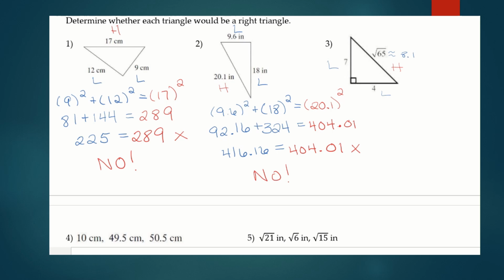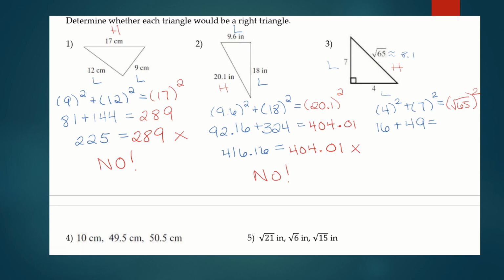Okay. So plugging into the Pythagorean theorem, let's just verify that this actually does work out and this is a right triangle. I'm going to take 4 squared plus 7 squared, and I'm going to see if it is equal to the square root of 65 squared. All right, so 4 squared, 4 times 4 is 16, plus 7 squared, 7 times 7 is 49, equals the square root of 65 squared.